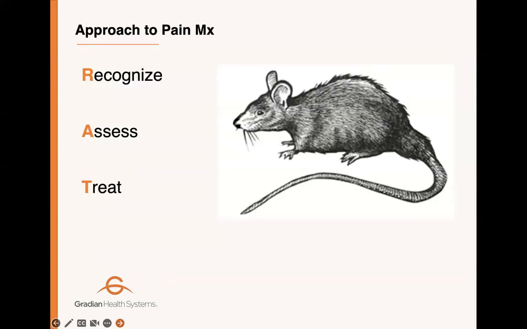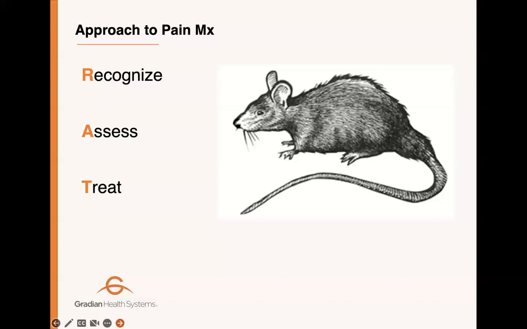So if access to pain treatment is considered a human right, how can we make our patients pain free? What do we have to do? We have to manage pain. And how do we manage pain? We have an approach to pain management called RAT. RAT stands for recognize.